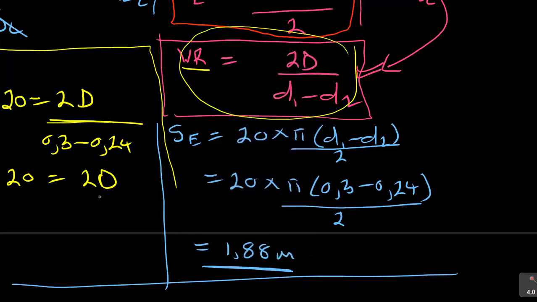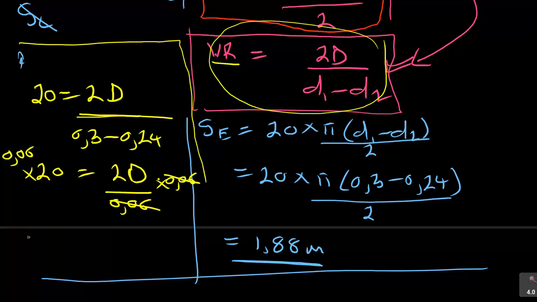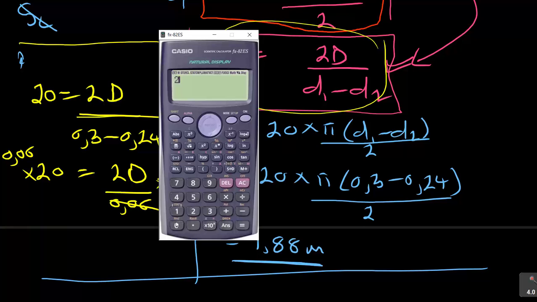So you have 2D over 0,06. If you want to get rid of this fraction, you multiply by 0,06, and what you do on the left, you do on the right. So we have 20 times 0,06, which gives 1,2.